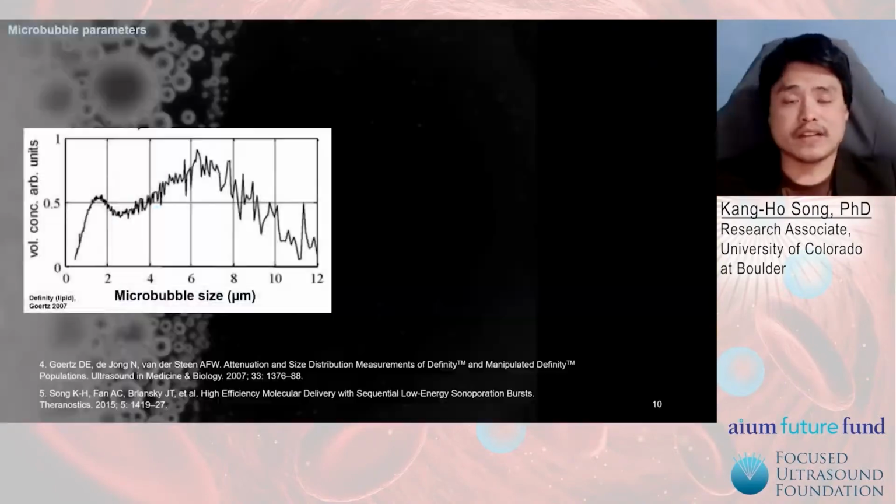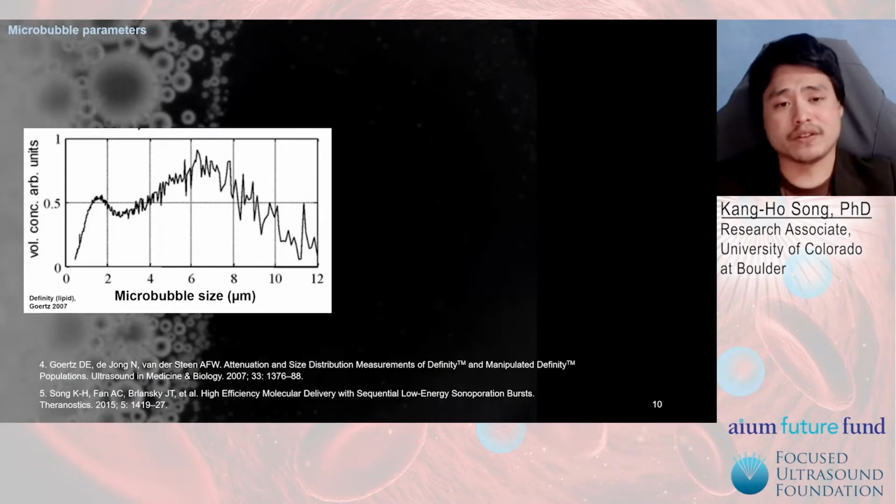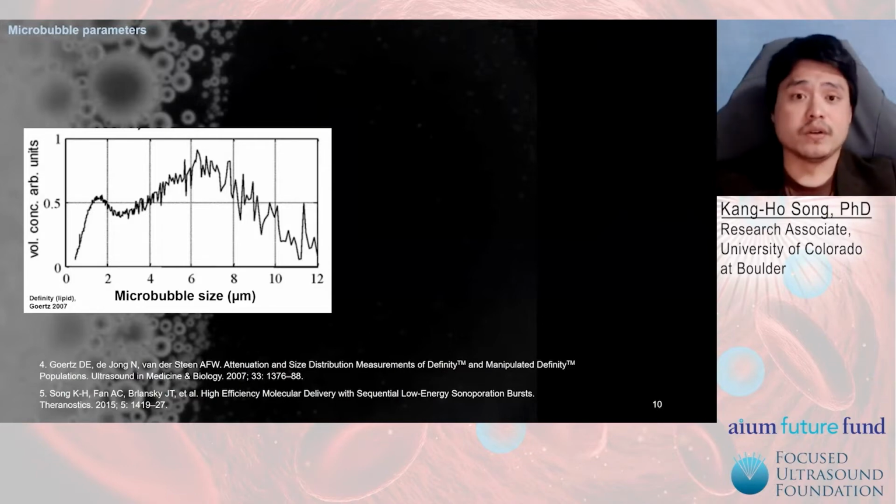And this wide range of sizes is evident in commercial ultrasound contrast agents such as Definity, which are generated with mechanical agitation. So in the size distribution plot with size on the x-axis and volume fraction corresponding to size on the y-axis, you can see there is a wide range of sizes. And this variation can extend to the number of bubbles and can extend between batches. So different batches may have different numbers and sizes of microbubbles.